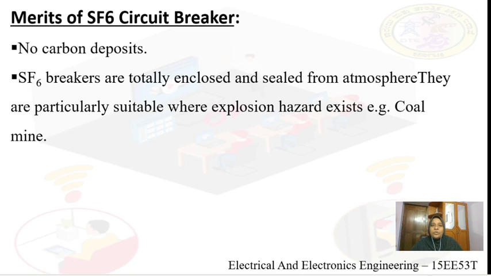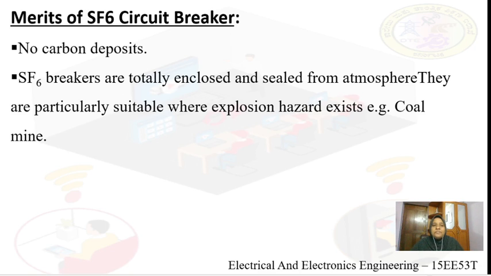So this carbon deposit will lead to undue or unwanted tripping operations regularly on the circuit breaker. They might bring down the life of the circuit breaker. But such a problem is not faced in SF6 circuit breakers because here no burning or no release of carbon takes place. So no carbon deposits are there. That is an advantage we have got.